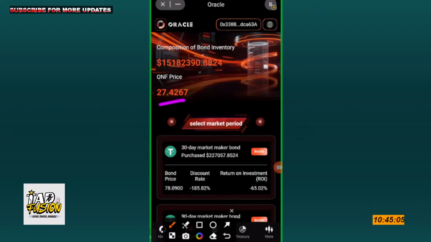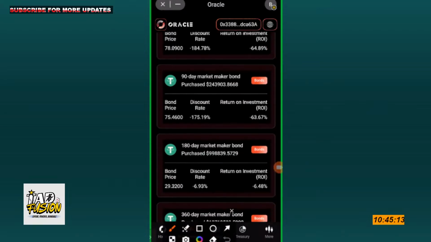Therefore, when the system sees that the price of the token is going down, they make these bonds expensive so that you can no longer bring your USDT here to bond or to involve yourself in the production of more ONF, because now ONF on the market is high.